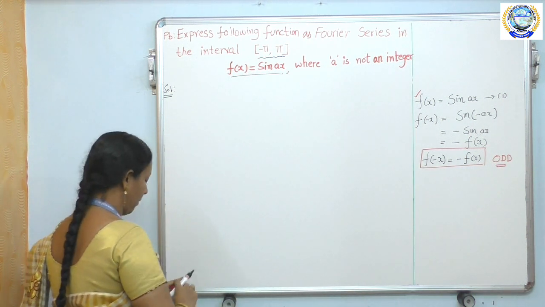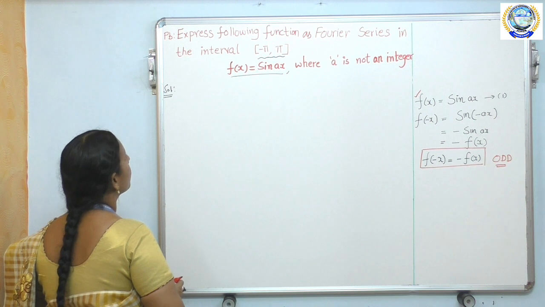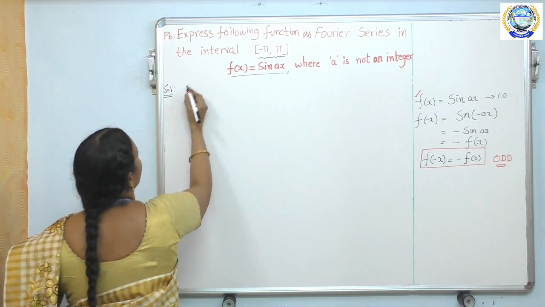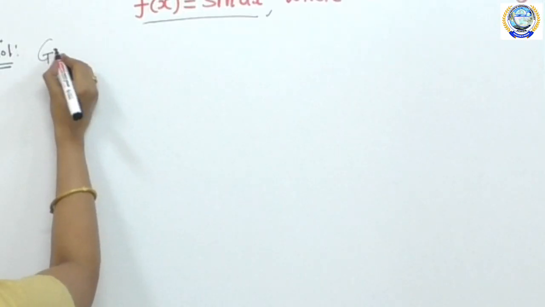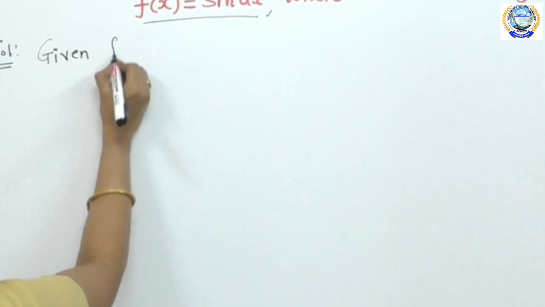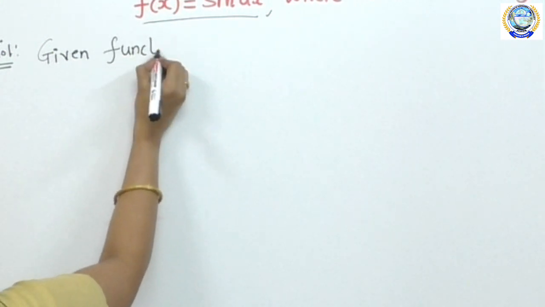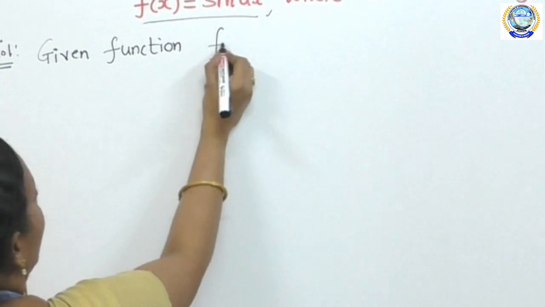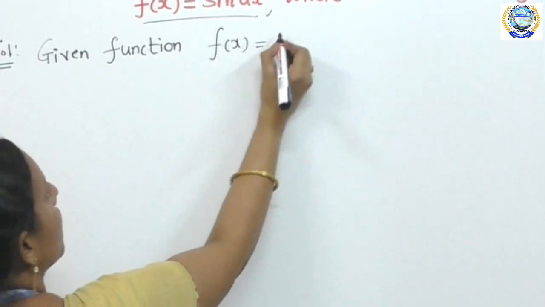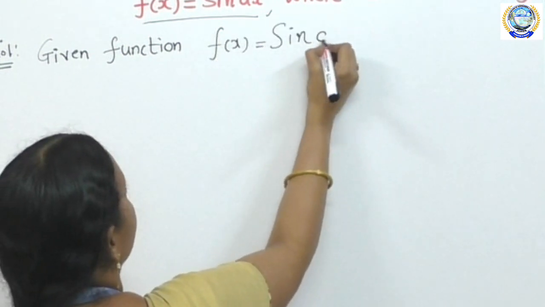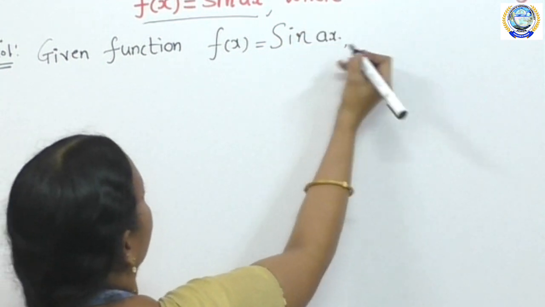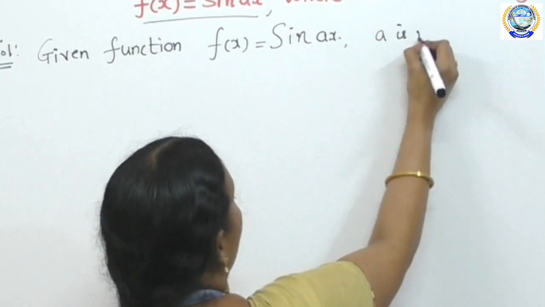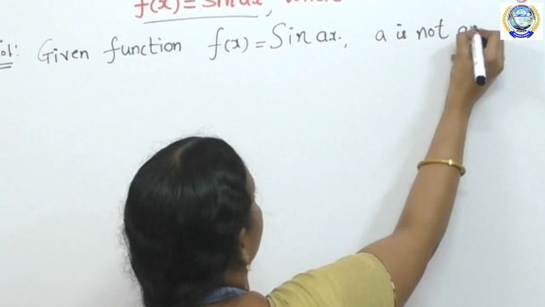Now, solution. Given function f of x equals sin ax, where a is not an integer.